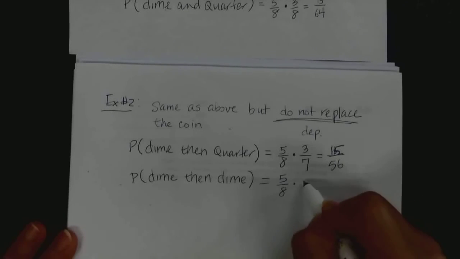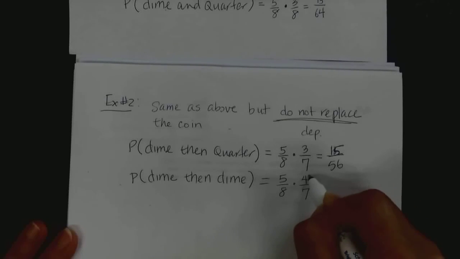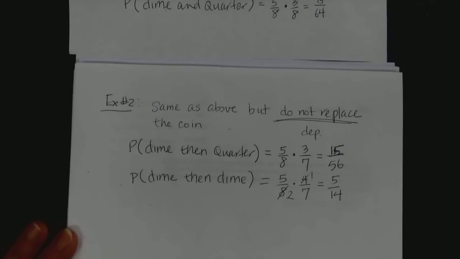There were 5 dimes, right? So we take a dime and keep it out. That's 4 dimes out of how many coins now? 7. So it is 4 out of 7. Now you could reduce: 4 goes into 8 twice and into 56 fourteen times, which makes it 5 out of 14. So you may reduce.